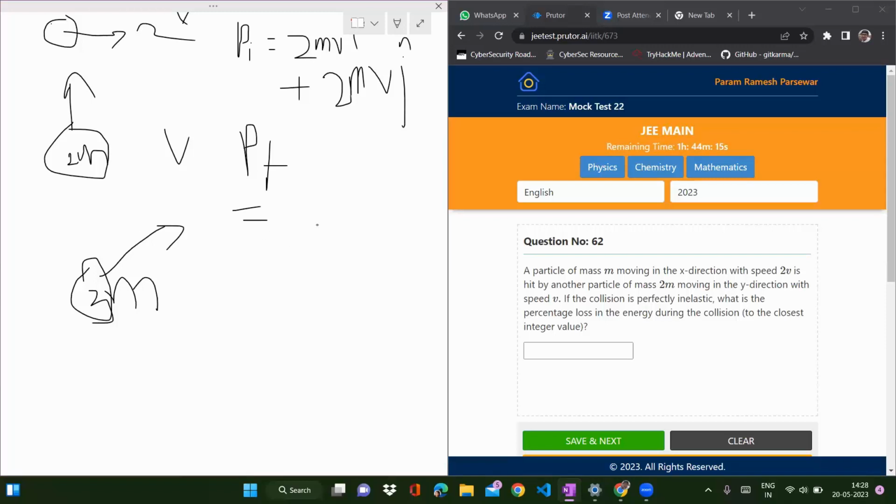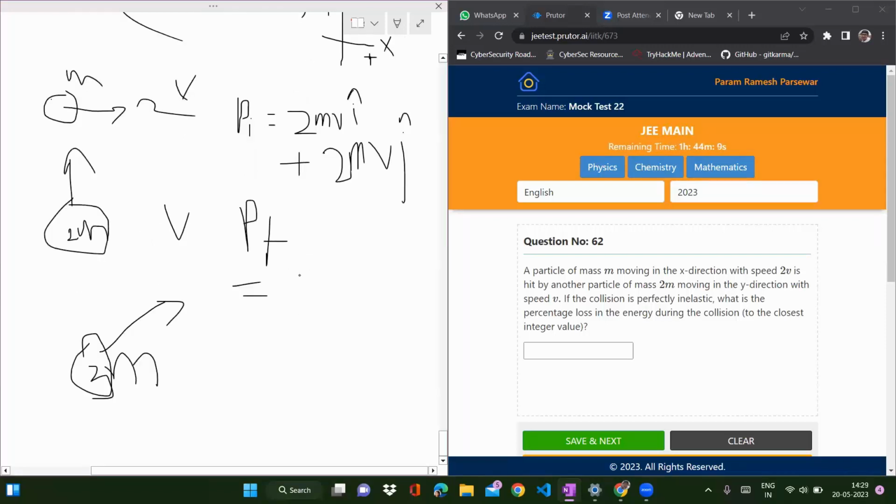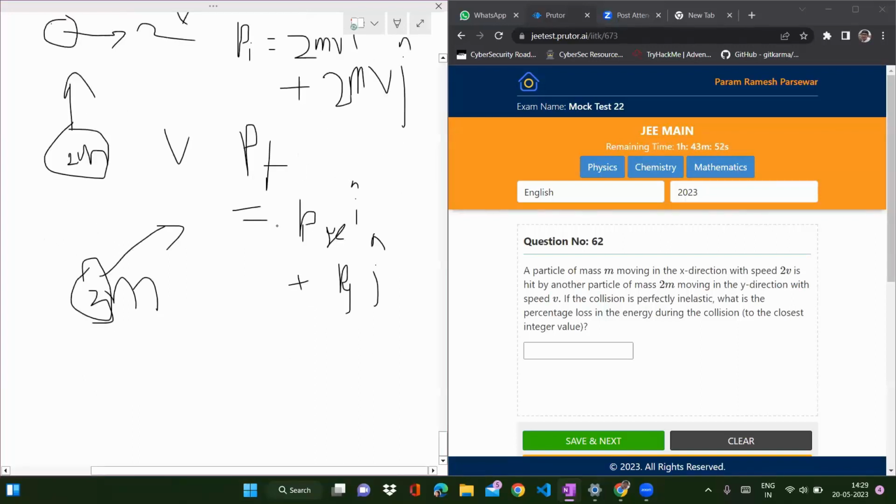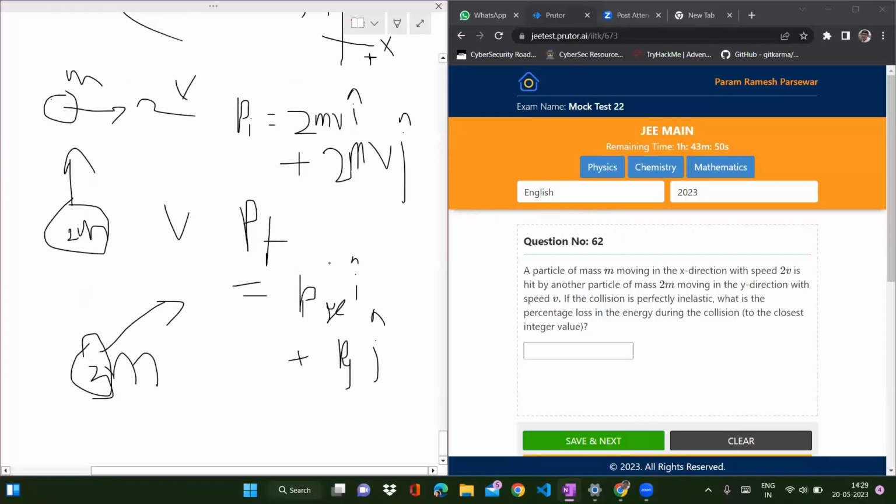So we can now assume Px i cap, Py j cap, and comparing these values, we get that Px will be 2mv and Py will be 2mv, as the momentum remains conserved.